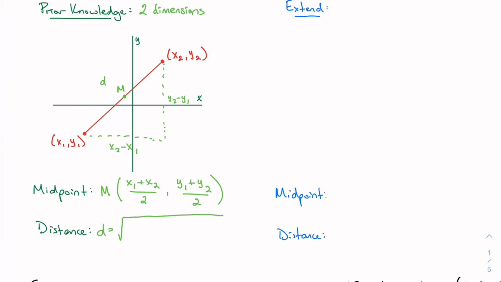Based on the Pythagorean theorem, we have d equals the square root of (x2 minus x1) squared plus (y2 minus y1) squared. These are things we've learned before in past classes, and now we're going to extend them out into 3 dimensions.